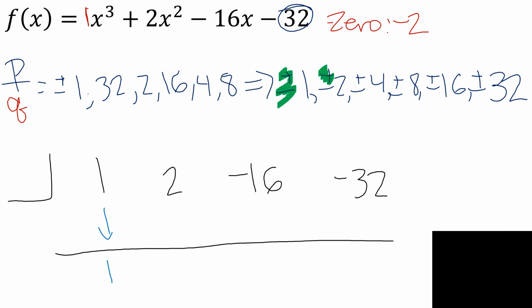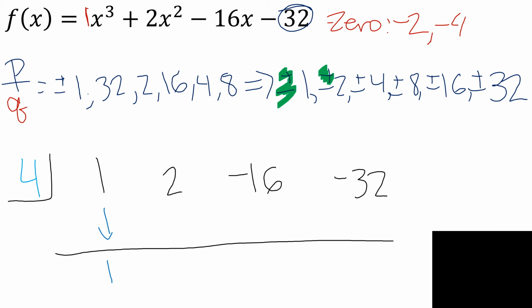Let's see, we've got negative 4 and 4. So 1 times negative 4, negative 4, negative 2, positive 8, negative 8, positive 32, that's a 0. So negative 4 is a 0. And let's see if positive 4 works.